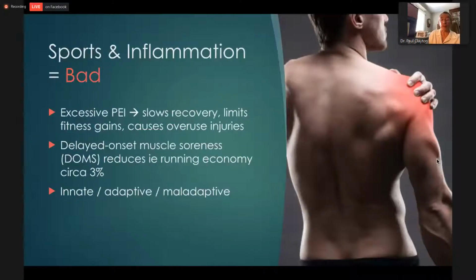There may be no increase whatsoever, and you end up with overuse injuries. This is not a good idea if you're a professional, if you're involved in competitive sports or athletics, because this kind of delayed onset muscle soreness, which is known as DOMS to people in the trade, it impairs activity.